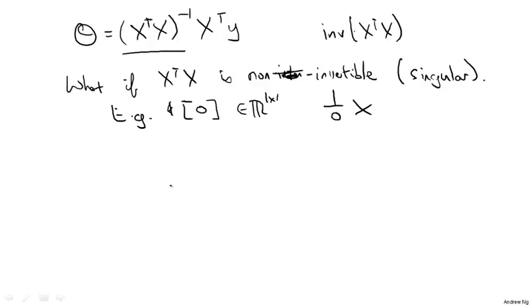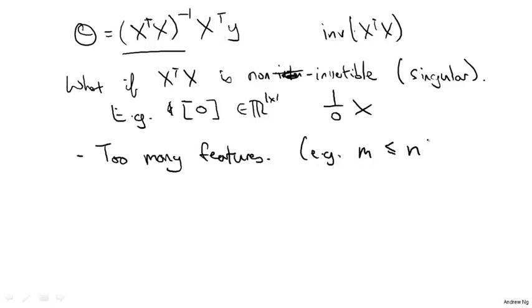It turns out that there are two possible causes for this. One is if you have too many features, for example, if the size of the training set m is smaller than or equal to the number of features n. If you have a lot of features in a relatively small training set, then that matrix will be non-invertible.